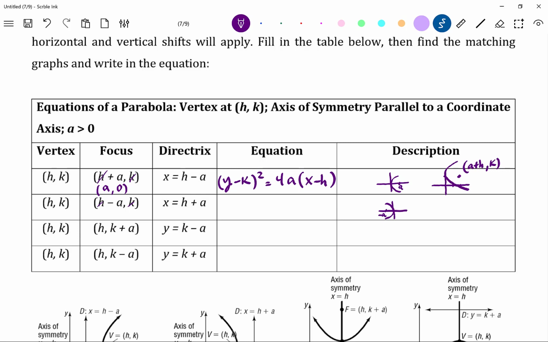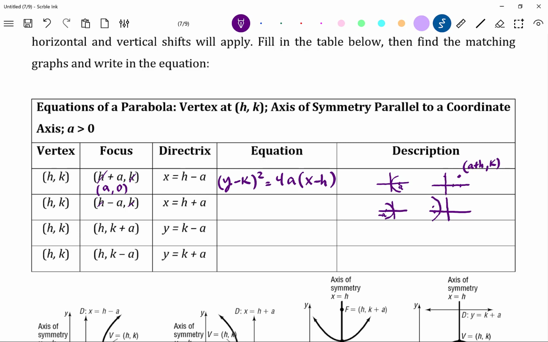When we shift the parabola h units for x and k units for y, I don't know if h is greater than a or not, but we have a parabola open towards the negative x-axis.